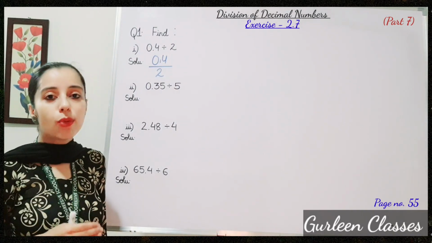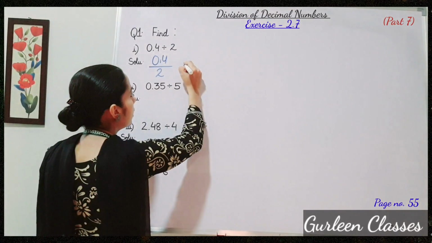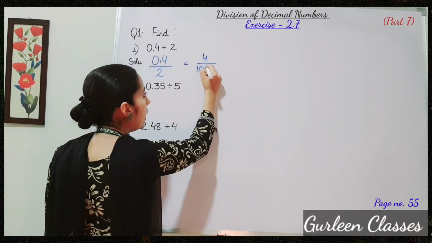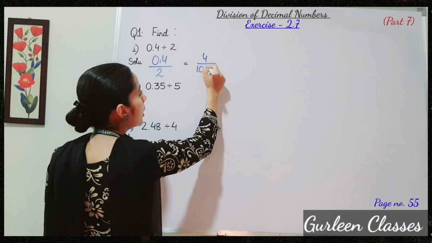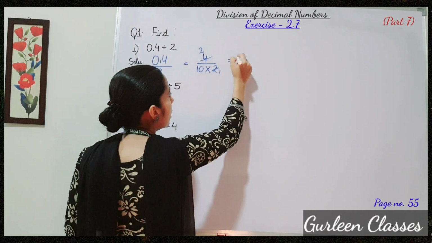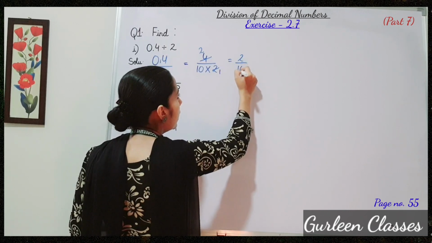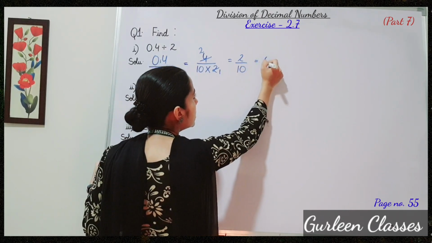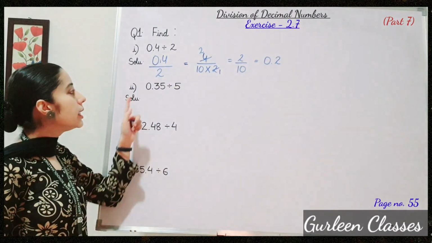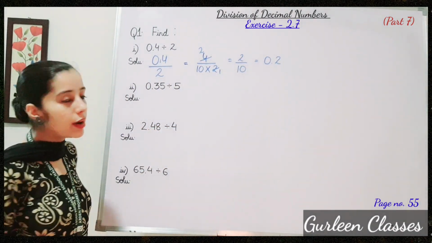So I can divide 4 by 10. So write here 4 upon 10 into 2. So here 2 ones are 2, 2 twos are 4. Answer is coming 2 upon 10. In decimals it will be 0.2.